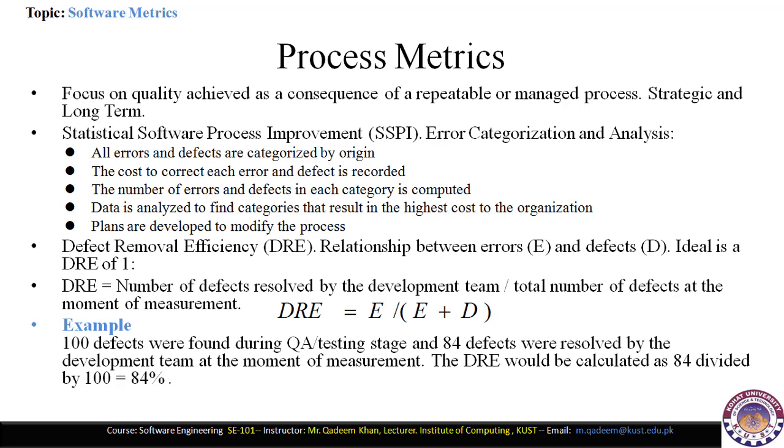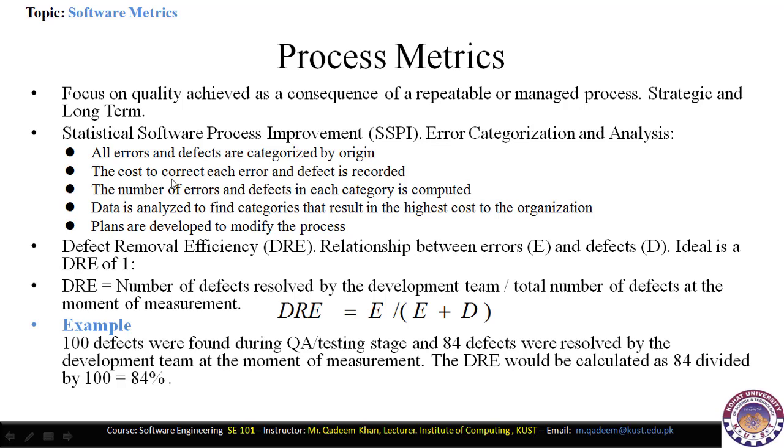So basically error categorization and analysis mean that all errors and defects are categorized by origin. By origin it means the source from where these errors occur. So basically categorization means different types of errors and their sources from where these errors are emerging.